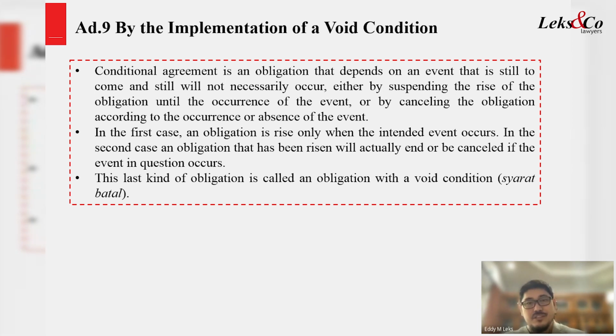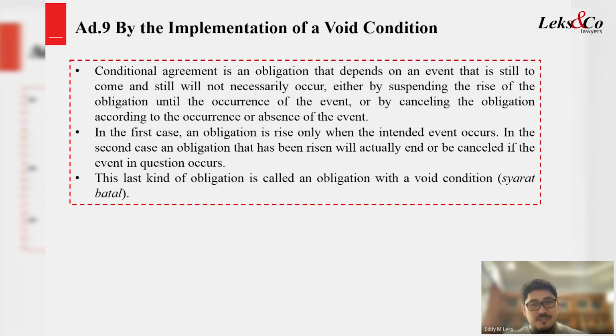Conditional obligation is an obligation that depends on an event that is still to come and will not necessarily occur, either by suspending the rise of the obligation until the occurrence of that event, or by canceling the obligation according to the occurrence or absence of the event.